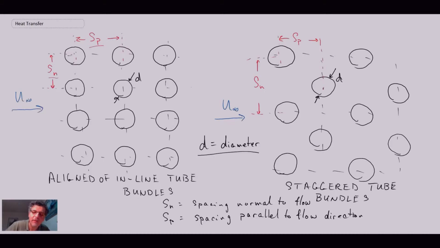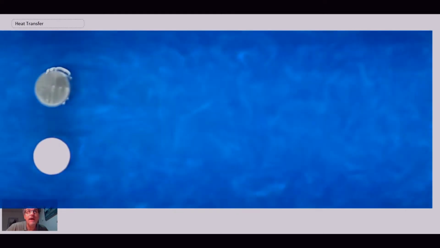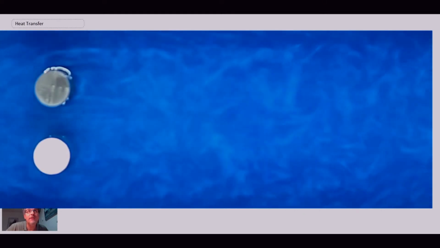So with that, we can have two bundles with either arrangement. And what we're now going to do is take a look at some flow visualization that helps us understand or appreciate the differences in the flow between the aligned or inline and the staggered. We begin with the aligned or inline case. There you can see two cylinders.